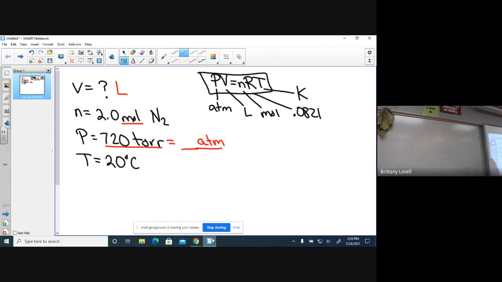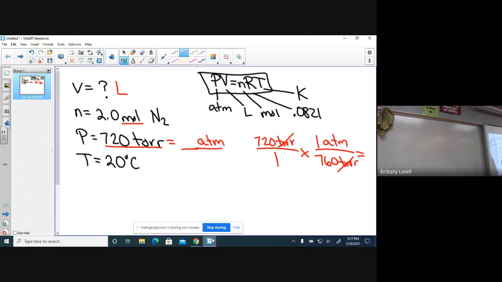Okay, so what we're going to do with this is we would just convert it. So we've got 720 torr. And we'll plug in a conversion factor that we know. If you look at the very back of your book, we said that there are 760 torr in 1 atmosphere. Okay? So if you set it up like that, you're going to divide your known, 720, by your conversion factor, which is 760.